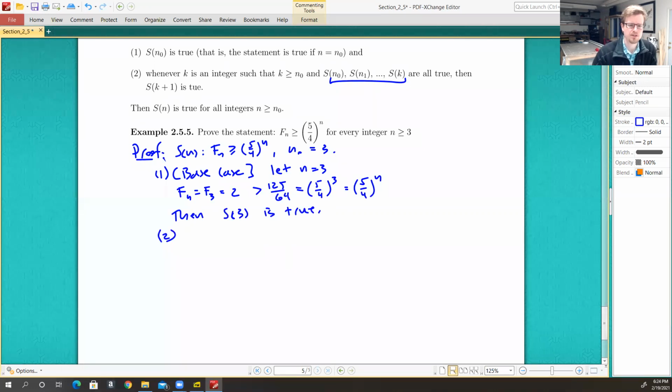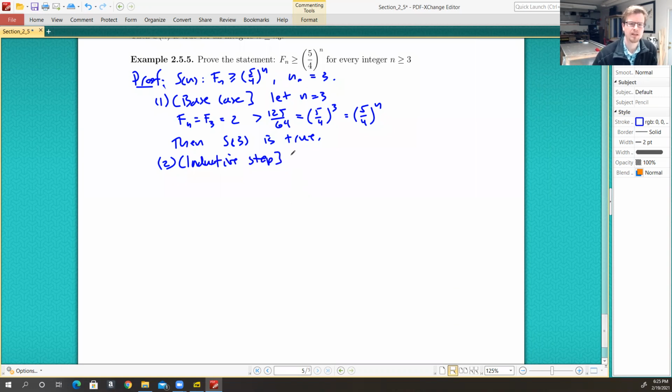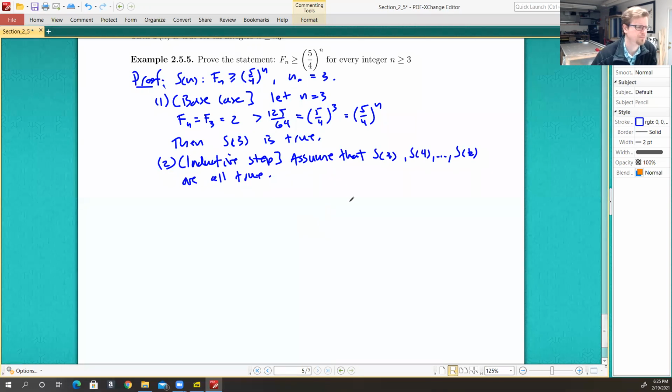The next thing that we want to do is look at the inductive step. Now for the inductive step, we want to assume that S of 3, S of 4, all the way up to S of k are all true for some integer k.